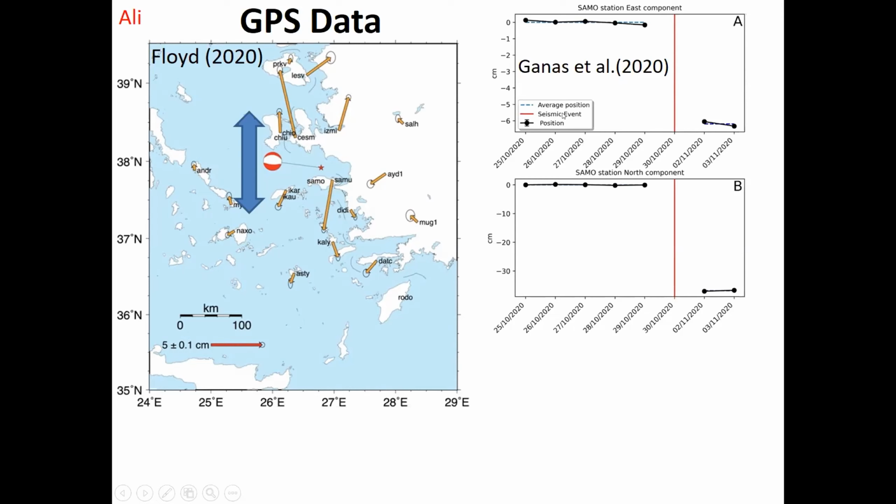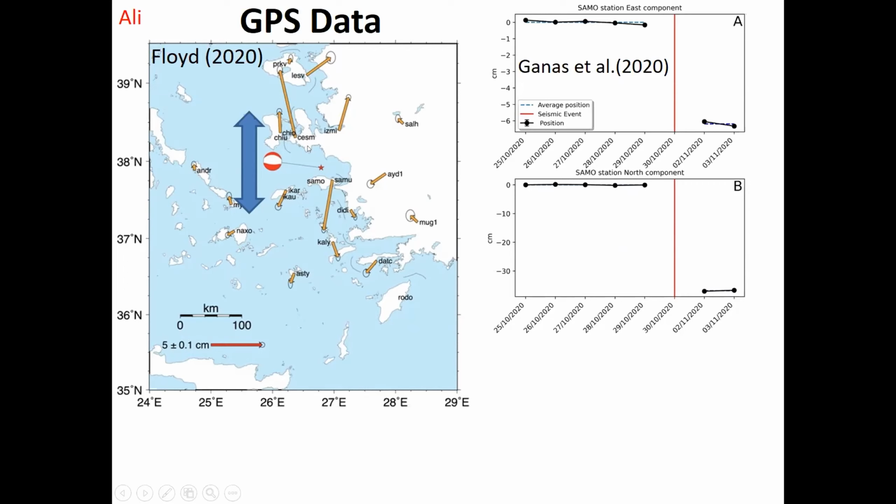On the right, you can see the horizontal motion observed at Samos station. The east-west component is about -6 centimeters, indicating a motion of about 6 centimeters westward, and on the north-south component -37 centimeters is observed, indicating a motion toward the south. So the largest motion was observed at Samos station.